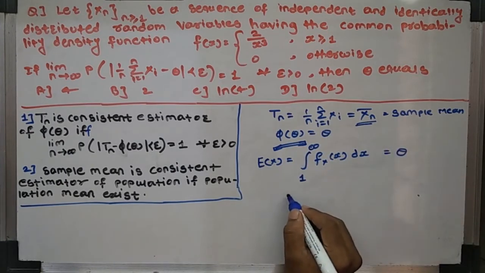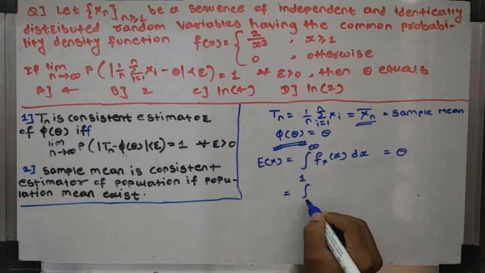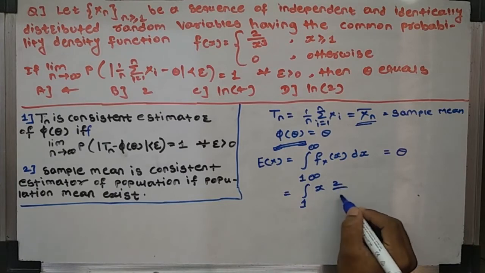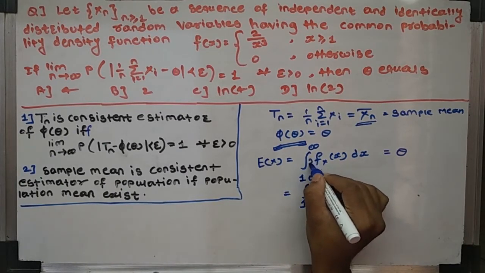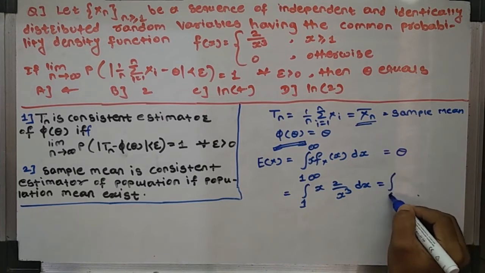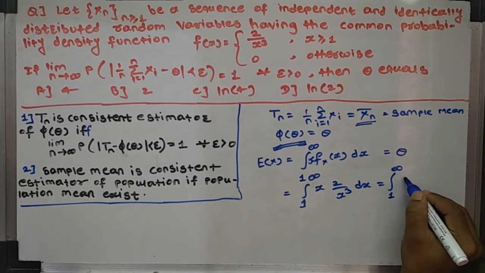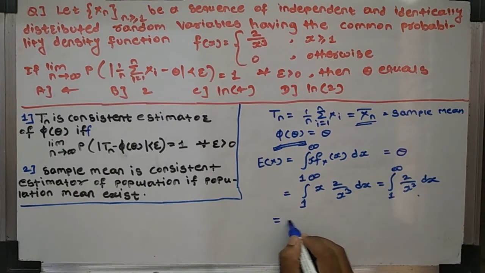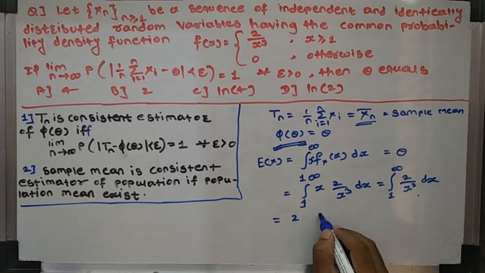So we need to find this expectation, where the integration from 1 to infinity of x into 2 upon x cube dx is equal to the integration from 1 to infinity of 2 upon x square dx.